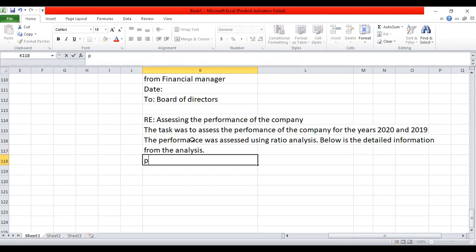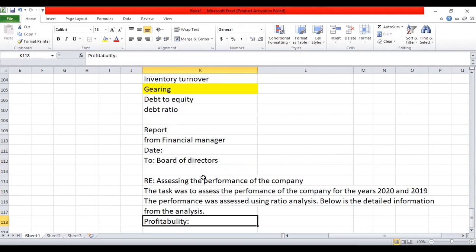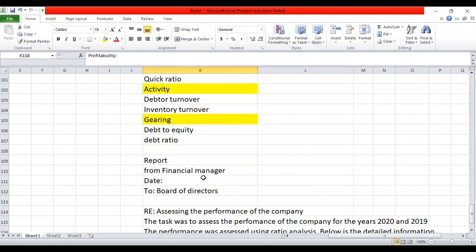Then profitability, that is the first part. I'm assessing profitability. Then say the profitability was measured using these ratios, and it was found like this and this. Then I go to paragraph, paragraph, paragraph. That's how you're going to write a report explaining.